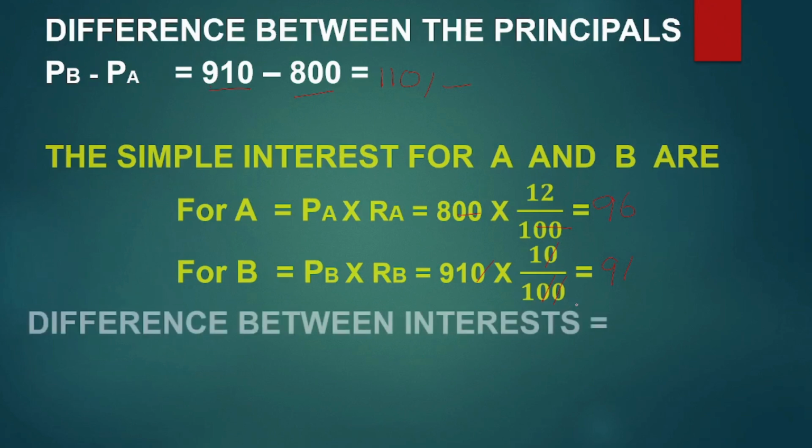If you observe, the difference between these two interests is 5 rupees. So 5 rupees more is earned for A than B. The 110 difference will be filled with this 5 rupees.